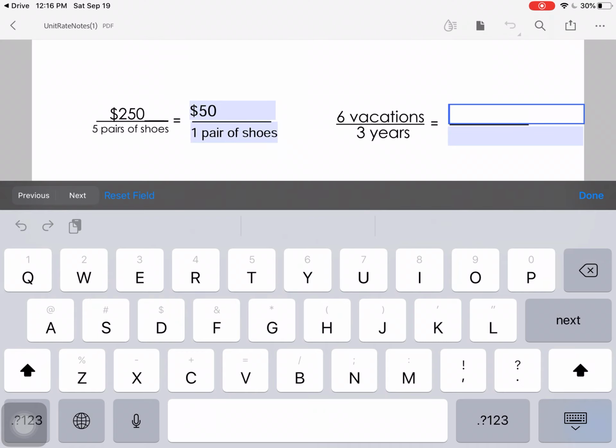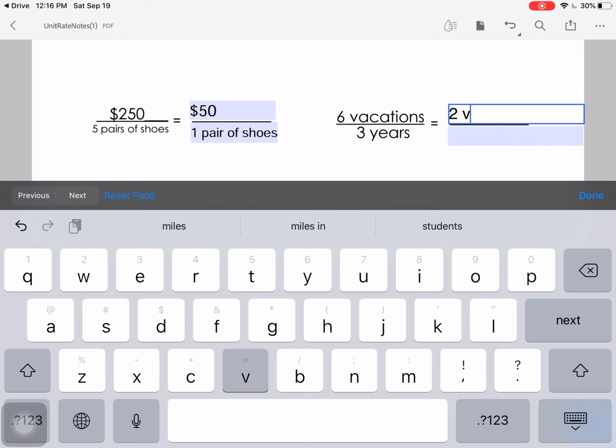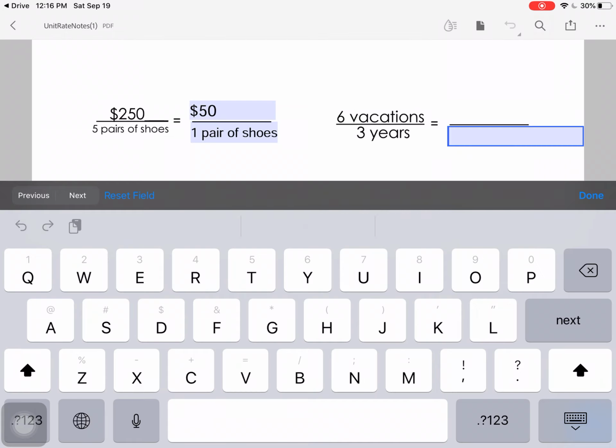And then 6 vacations in 3 years will have a unit rate of 2 vacations in 1 year.